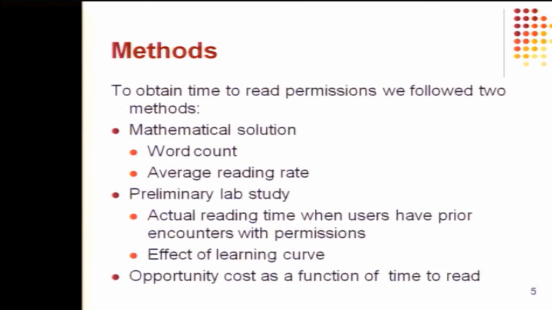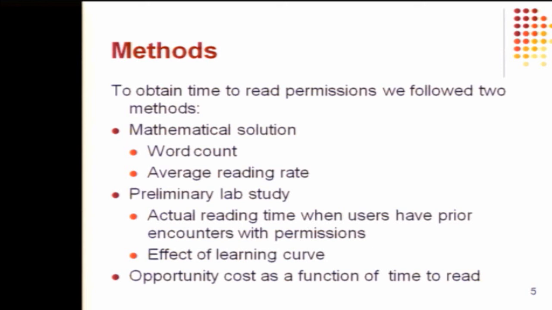The methods. We divided them into two categories: getting a mathematical solution first, and then the actual lab study to get actual reading times. In the mathematical solution, we get word counts in the permission interfaces and divide that by the average reading rate to get the time.